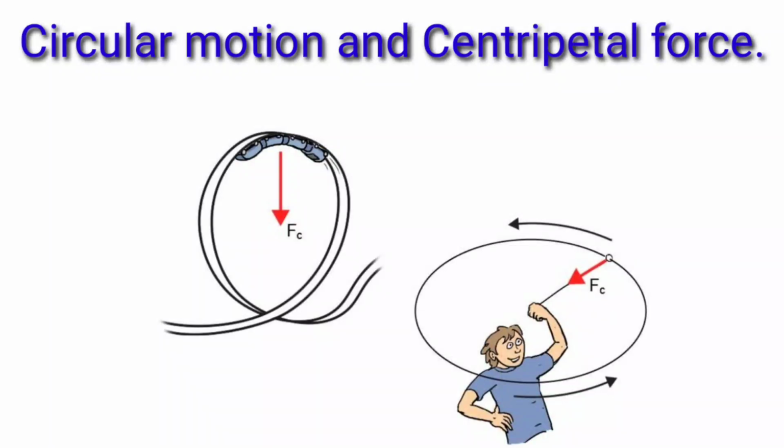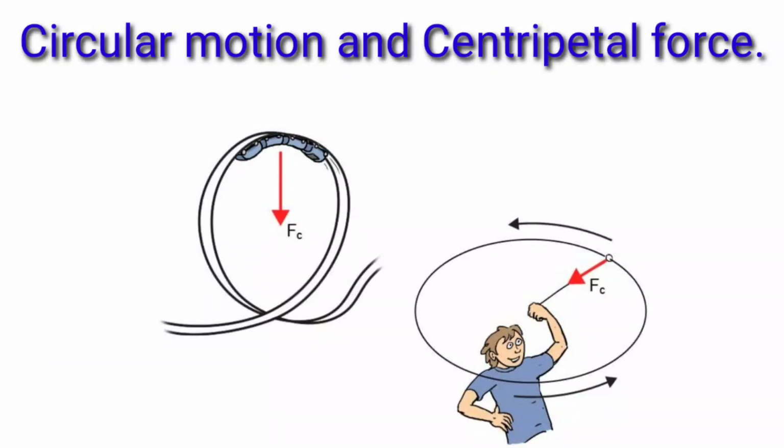Take the other end in your hand and rotate the string so that the stone moves along a circle as shown in a figure. Are you applying any force on the stone? In which direction is this force acting? How will you stop this force from acting? What will be the effect on the stone?